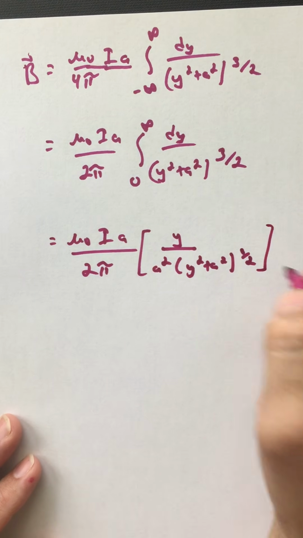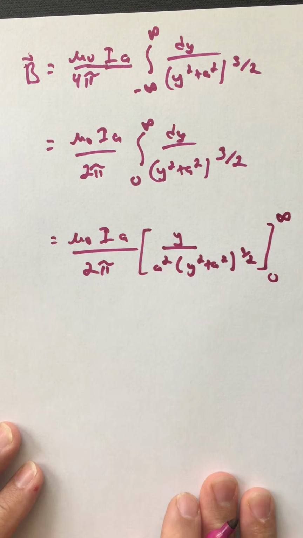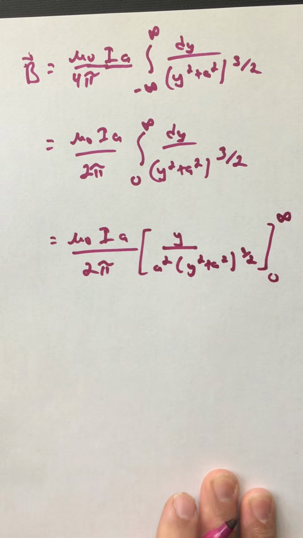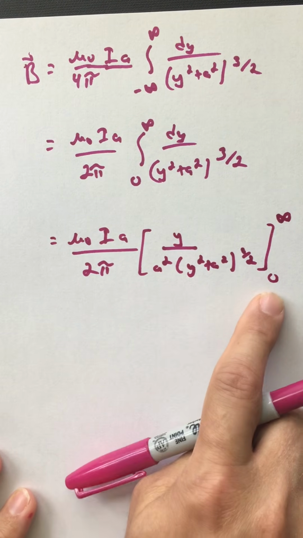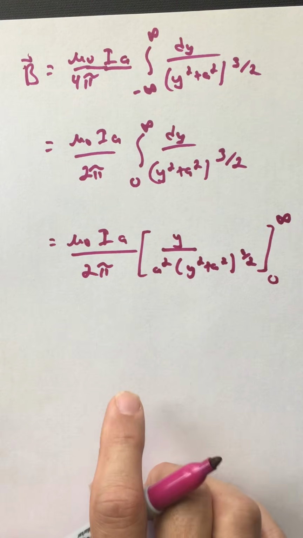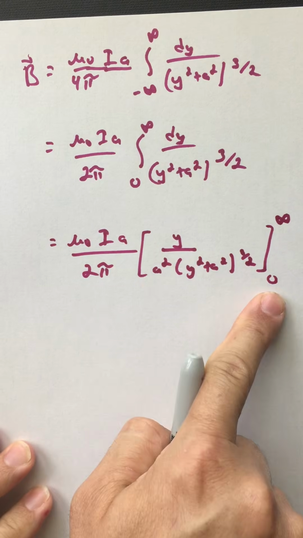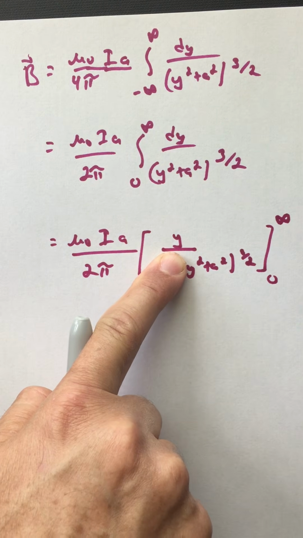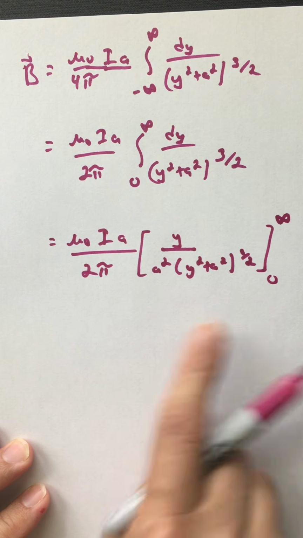And that's going to be evaluated at my limits, 0 to infinity. Of course, evaluating at infinity means I'm going to have to look at the behavior as y gets really large. Infinity is not a number to plug in, so the idea of a limit comes in here. The lower limit's easy though. If I'm plugging in 0 for y, I'm going to get 0 in the numerator. This becomes 0 at the lower limit. I don't have to worry about that.